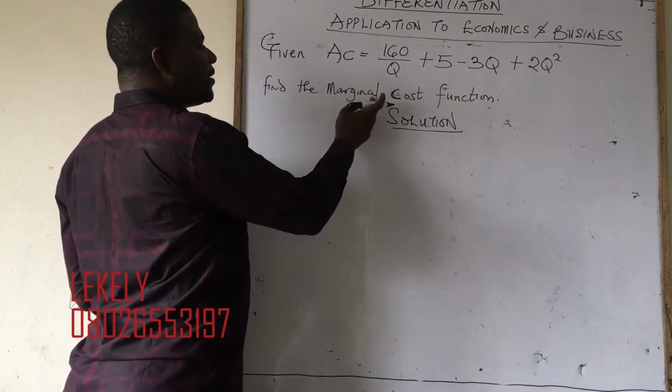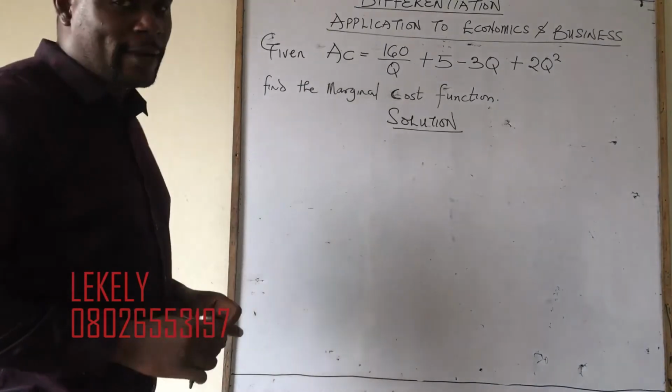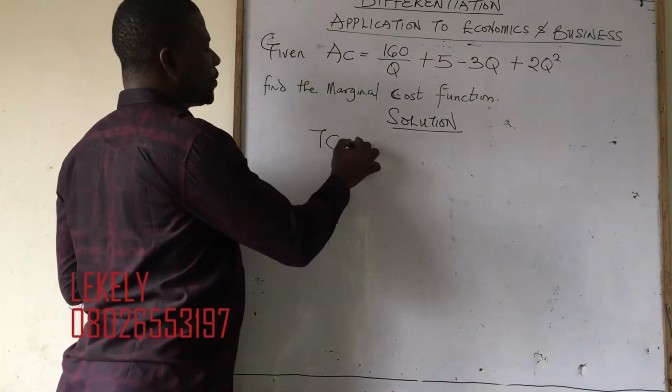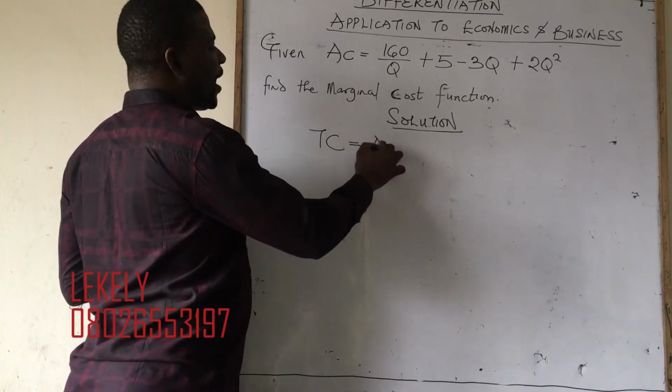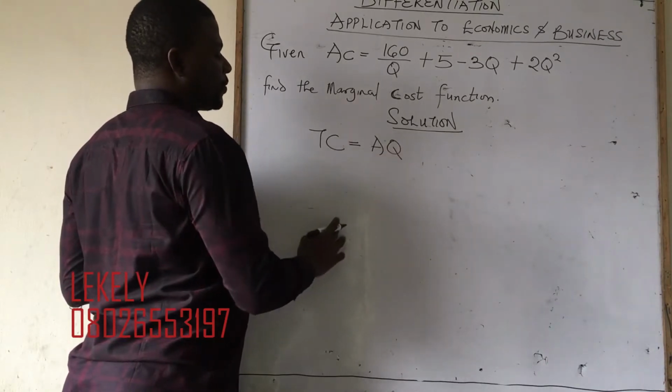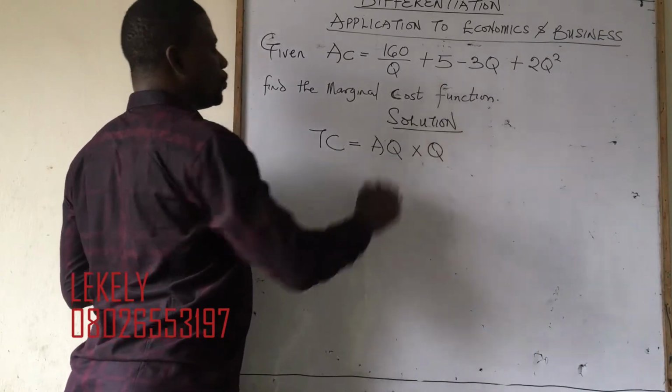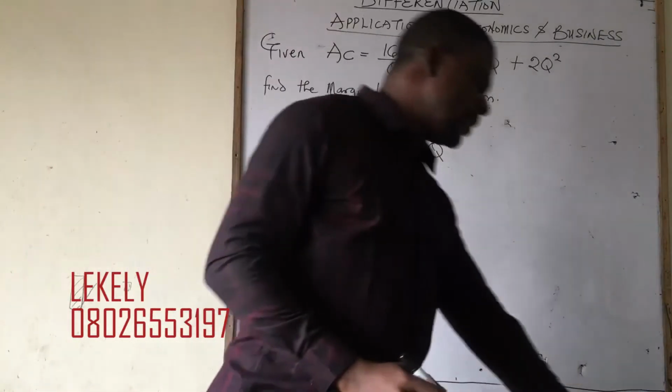Before you can get marginal cost, you have to get your total cost first. And of course, your total cost is average cost times Q. How did we come about that?